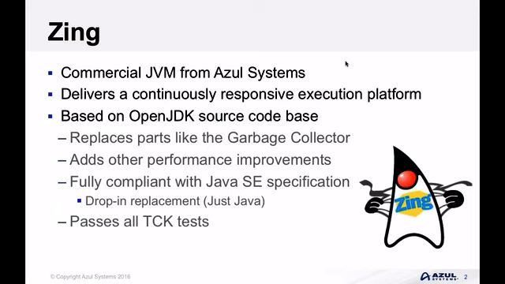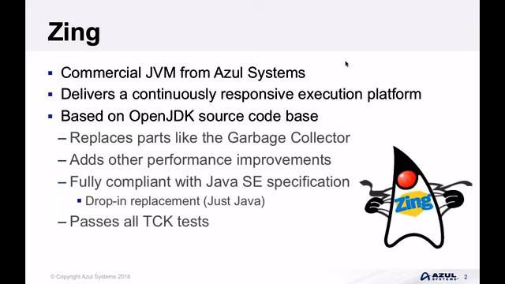What we at Azul have done is to develop another Java virtual machine, but it's not really a completely different virtual machine. It's the idea of taking the JDK from the open source project, the OpenJDK, and reusing that so that we can improve the way certain things work.